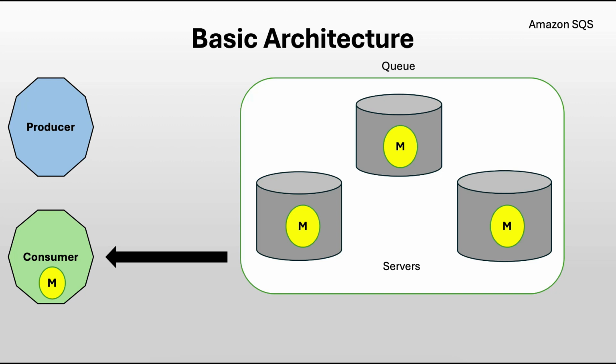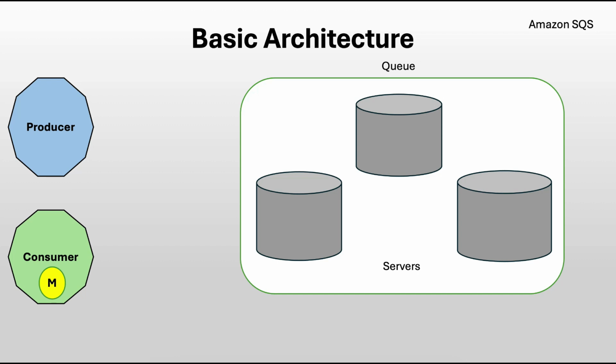processed successfully. The consumer application deletes the copies of message M on the queue to avoid duplication of messages, so other consumers or the same consumer cannot consume this message again and again. So this simple basic architecture explains the mechanism of message exchange between applications using an SQS queue.